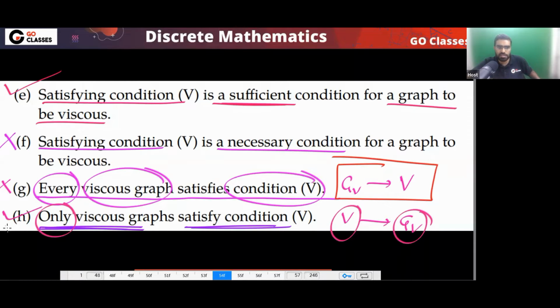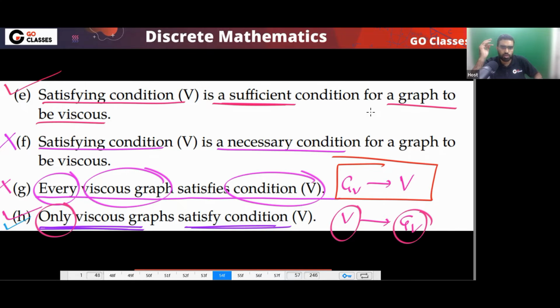So this is correct, H is correct. G is not correct. So this was another question. A simple question, but a good question, right? Easily people can make mistakes in this question. It is error prone. Very easily people can make mistakes.